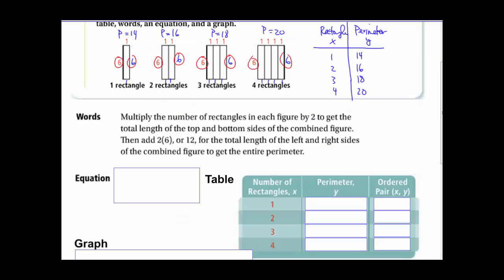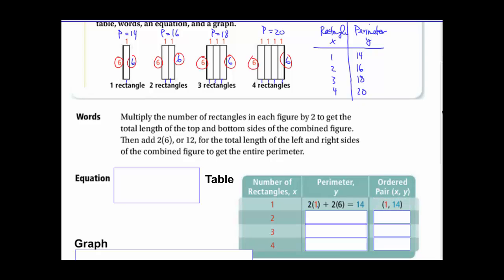If I jump down here to the table, for 1 rectangle we're going to have 2 of those single sides. So we multiply 2 times 1 rectangle, and then we always have 2 6s on the sides. So that gives us a perimeter of 14.